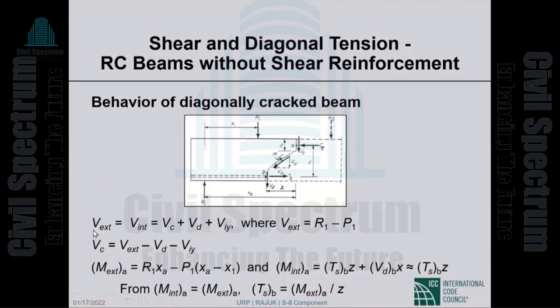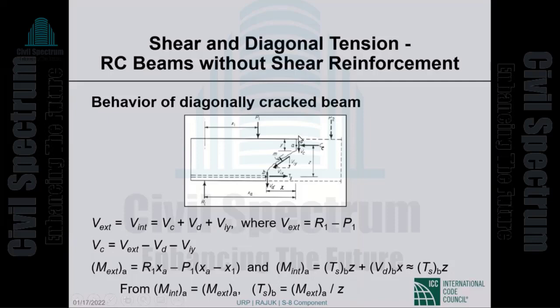The external shear is equal to this reaction R1 minus this load P1. Okay, we are talking about this portion of the beam, the crack to the left. So the external shear is R sub 1 minus P sub 1. The external shear has to be equal to the internal shear.